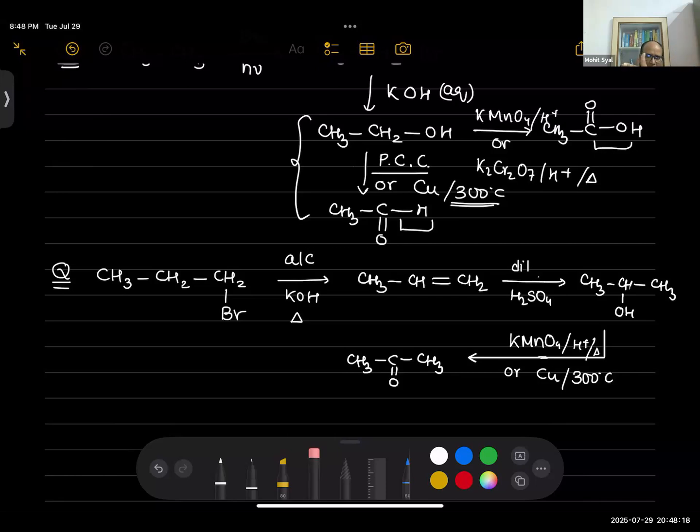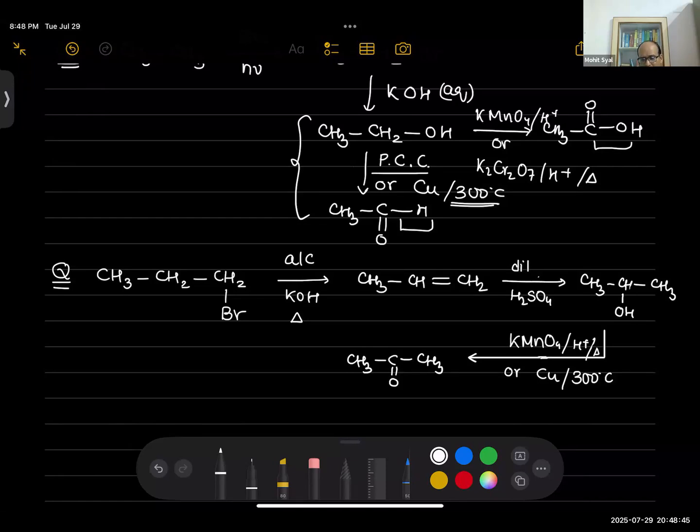With strong, you ended up directly with carboxylic acid. For secondary alcohol, there was just one option, ketone. And for tertiary alcohol, there was just one option, no oxidation. With copper, it undergoes dehydration. Got it?